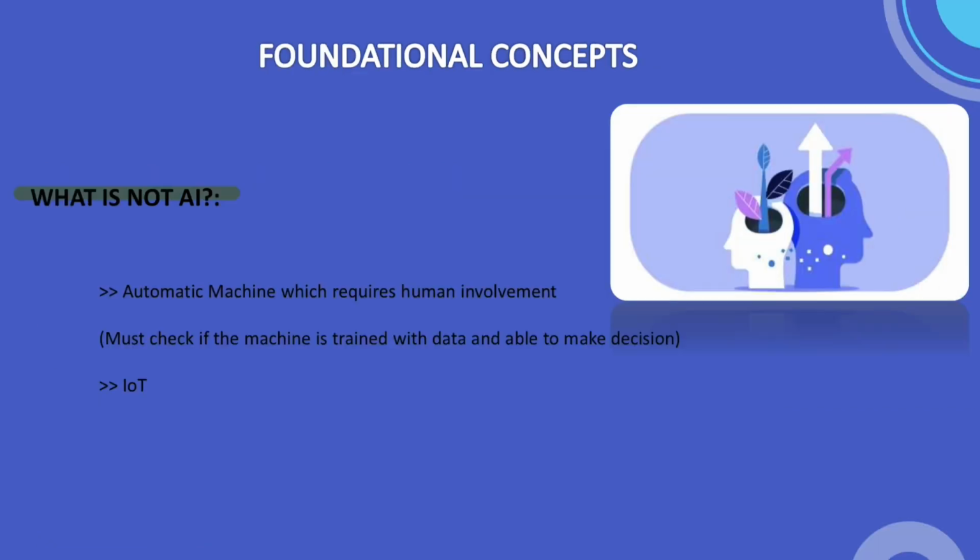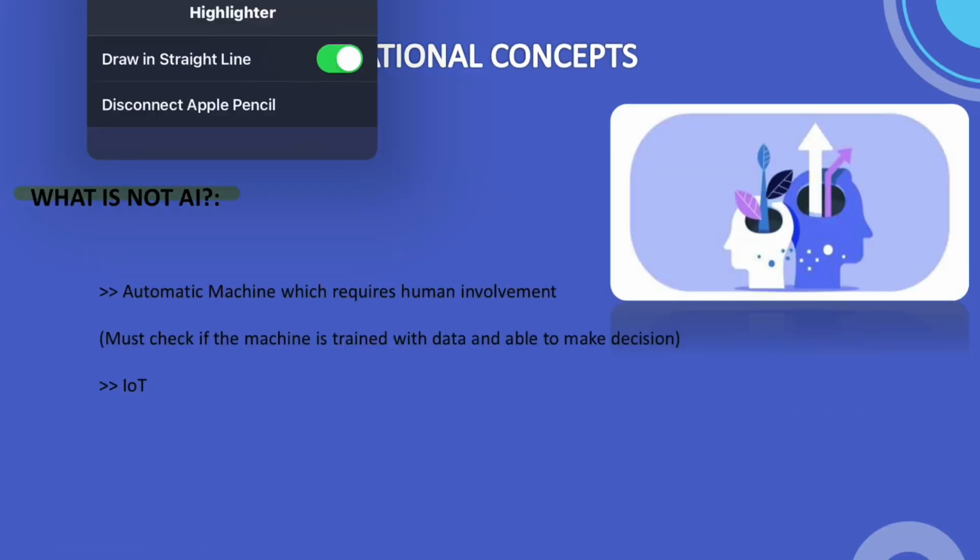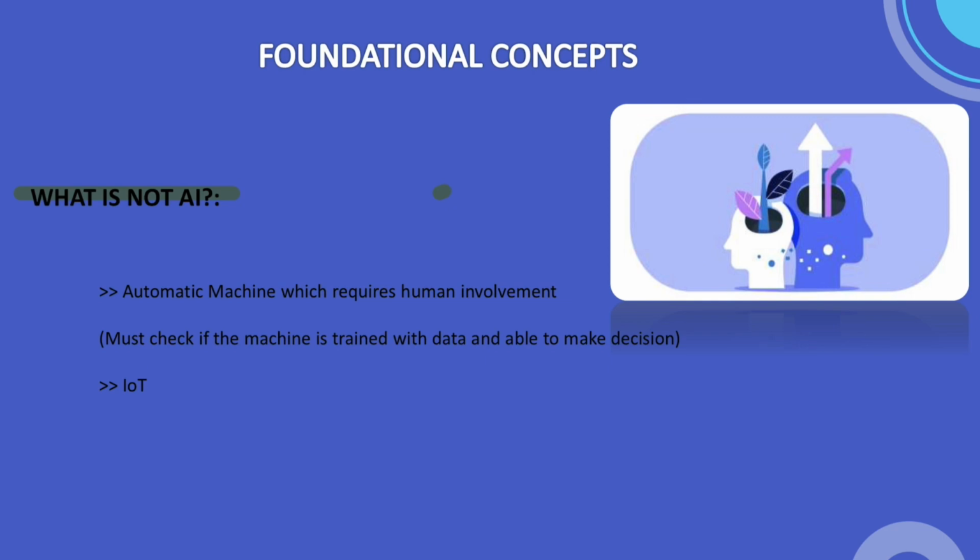It is also very important to understand what is not AI. Sometimes it's tricky to find out if a machine is intelligent or not, if the machine is AI or not. So let's have a look. As we have seen before, all machines that we see around may or may not be artificially intelligent. For example, IoT.